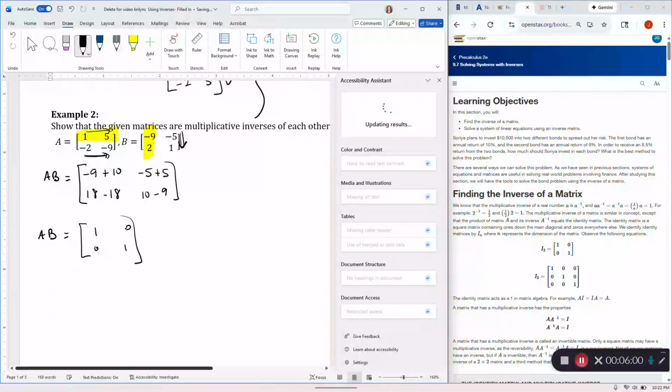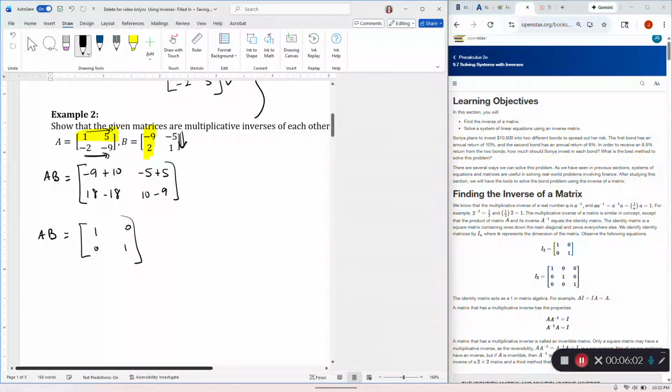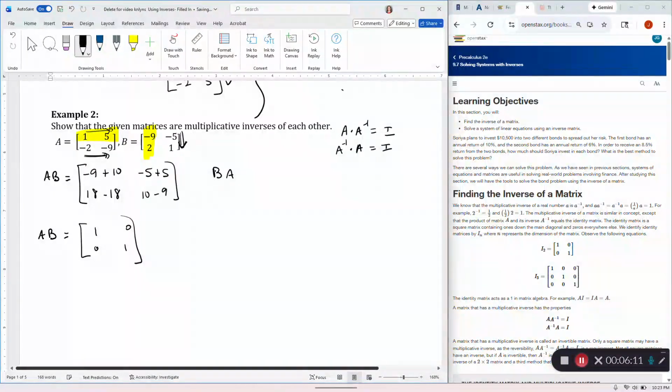Yay! Now, that's not enough. We have to do it the other way as well, which is B times A. Now, I do not like having the matrix backwards. So here's B. I'm going to rewrite A here. There we go.